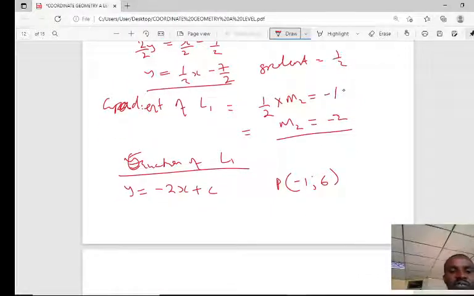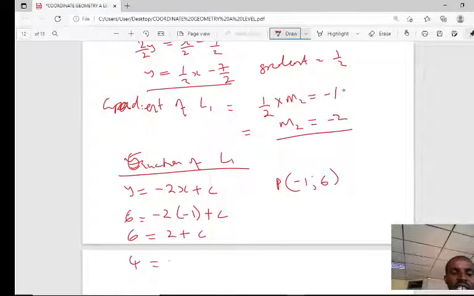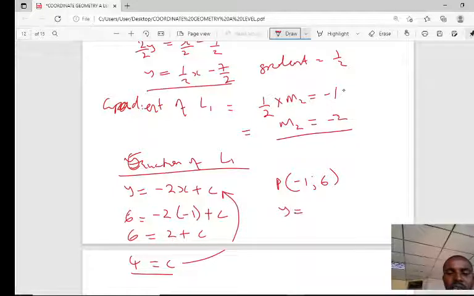Let's find the value of c. Where there's y, you put 6, and where there's x, you put minus 1. So 6 is equal to 2 plus c, so c is equal to 4. Substituting, you get y is equal to minus 2x plus 4.